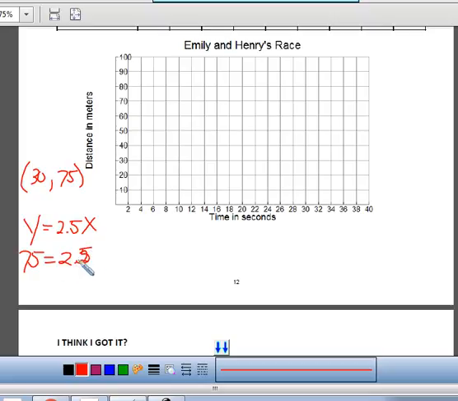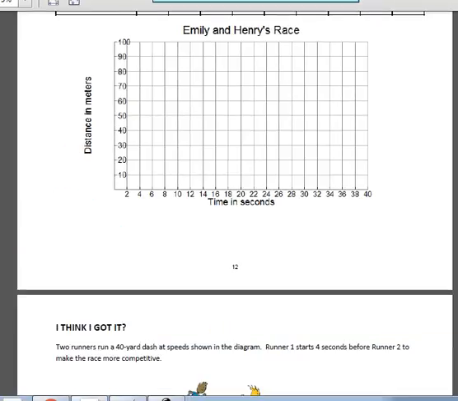The 30 and 75 is where they tie. And if you multiply 30 by 2.5, you get 75, and 75 equals 75. So it checks for this one. If you were to plug it into the other one, it would also check. So we can do checks on all of our solutions just to make sure that it works.